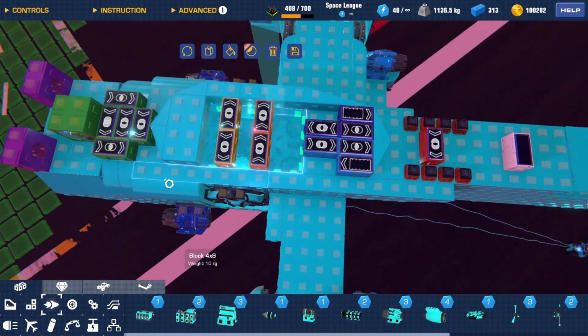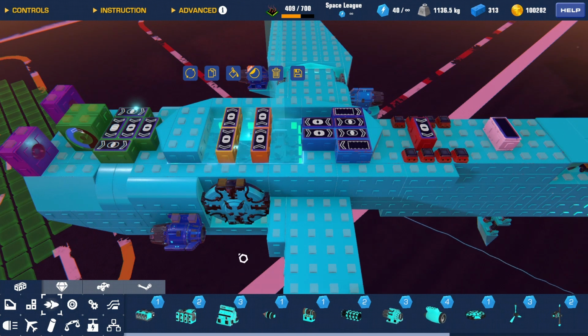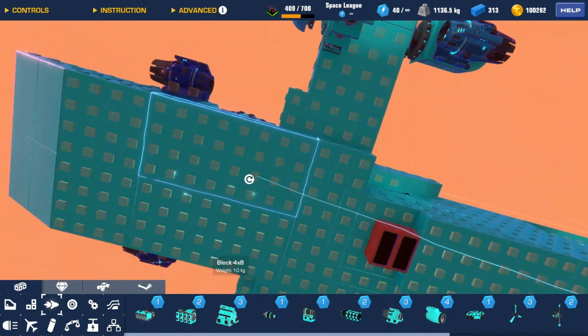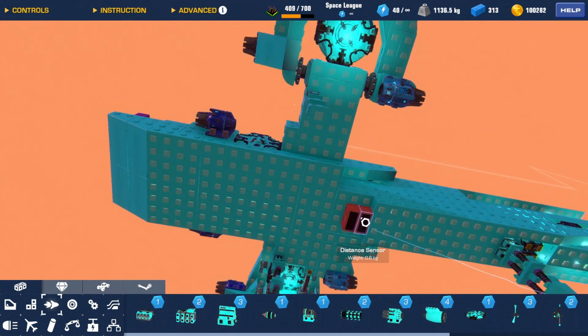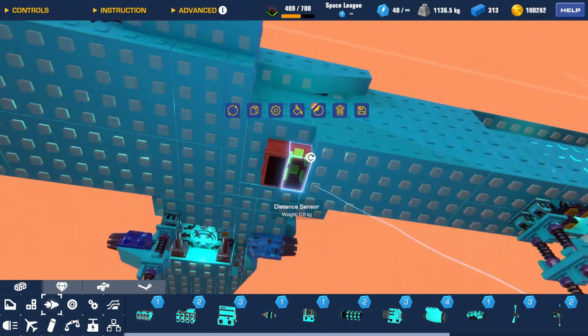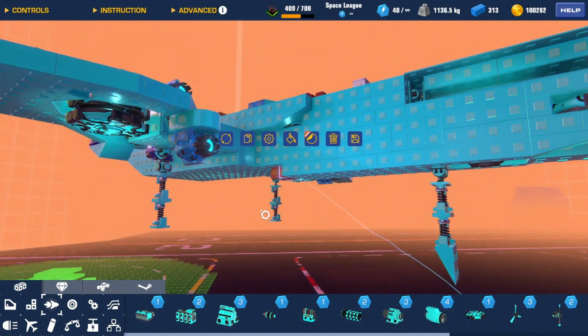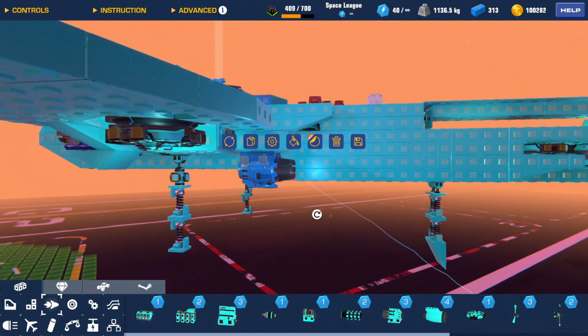The next system we will discuss is these 4 logic gates. It's not particularly complicated. They are working in tandem with these 2 distance sensors. So these 2 distance sensors are detecting the ground, obviously. They are for all of the automatic landing functions.